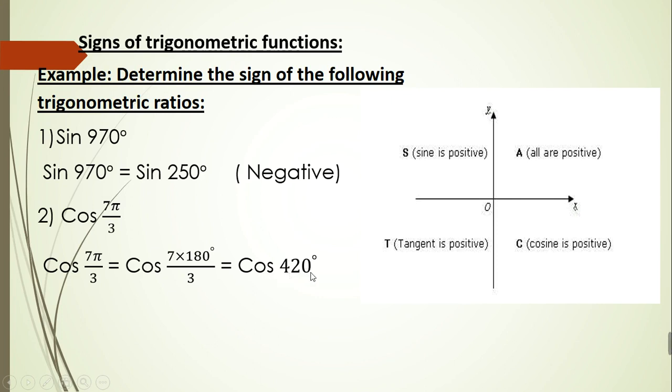So cosine 420 equals cosine 60, and the angle 60 lies in the first quad, where all the functions are positive. So the sign here is positive.